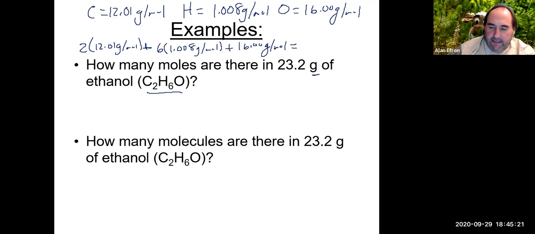And that looks like 46.07 is the molar mass there. So that's 46.07 grams per mole. Again, we're going to use that as a conversion factor.